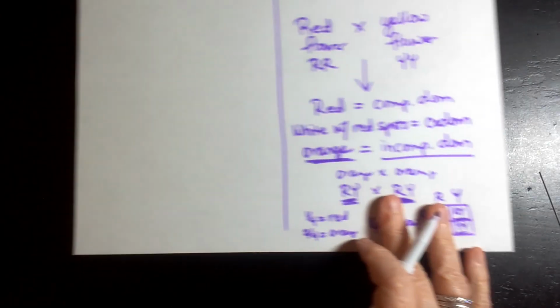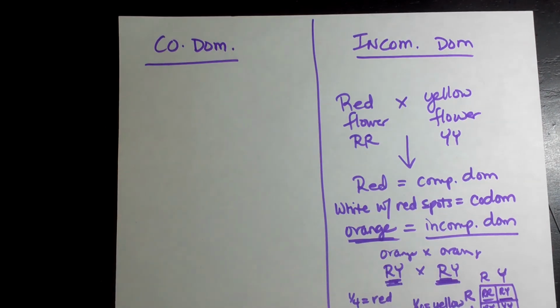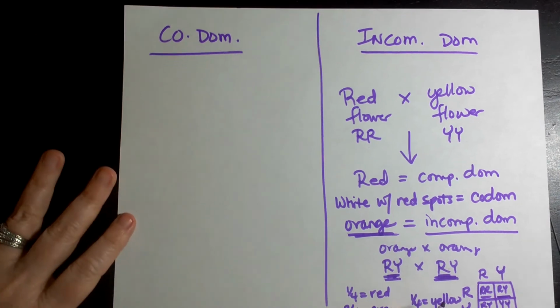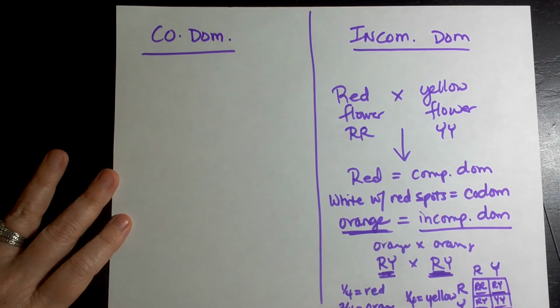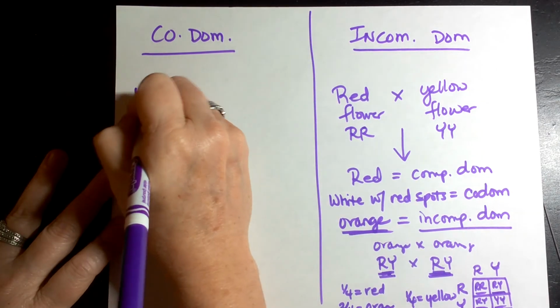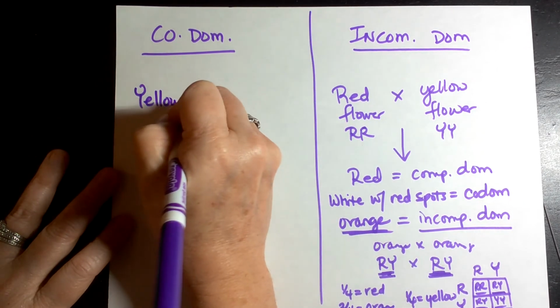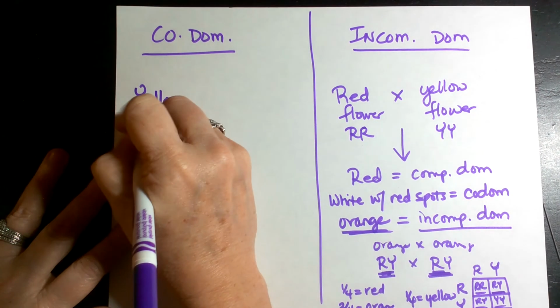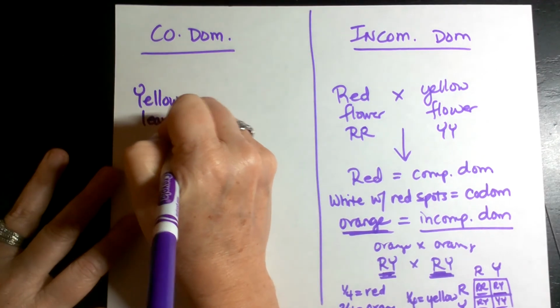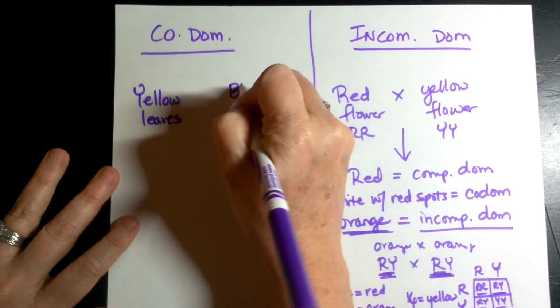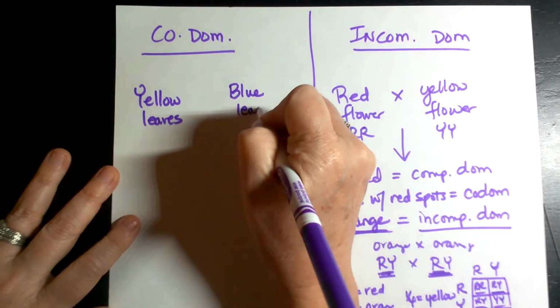All right, let's go over to codominance. Codominance, we're both showing up, okay? So I'll give you a different scenario, and we'll do yellow leaves, and then we'll do a plant that has blue leaves.